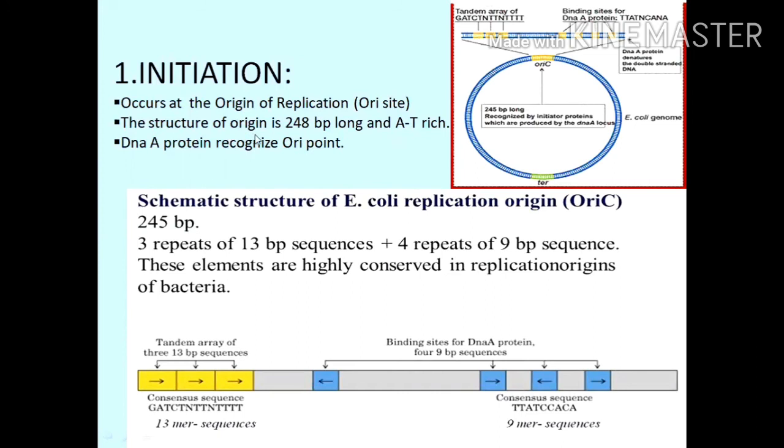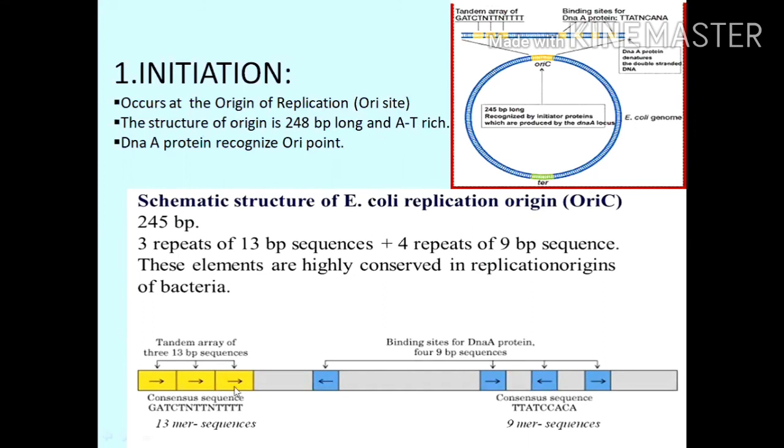This oriC is nearly 245 base pairs long and AT rich. In this ORI region, we can see some conserved DNA sequences which are almost similar in all prokaryotes: 3 repeats of 13 base sequences and 4 repeats of 9 base pair sequences.